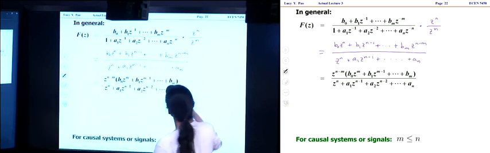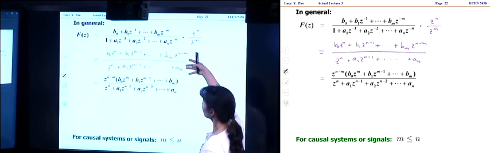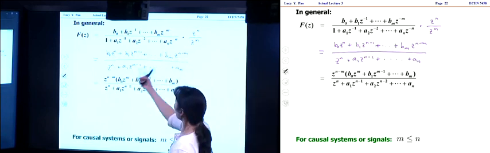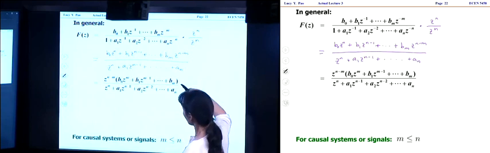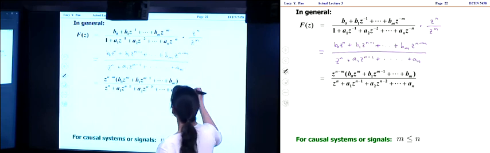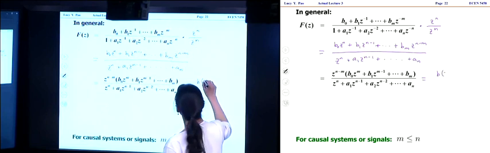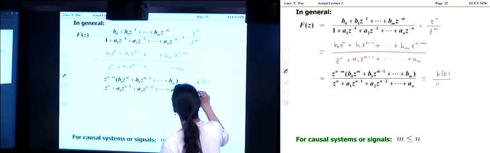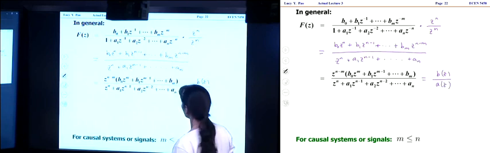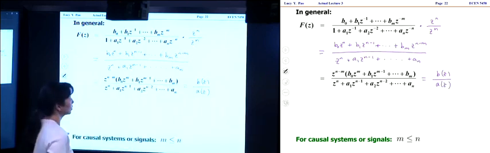All right? So now this is in terms of positive powers of z. Of course, you can factor out the z to the n minus m. You'll get this form. Oftentimes, we might call this the numerator polynomial b of z and the denominator polynomial a of z. So it's a ratio of polynomials.